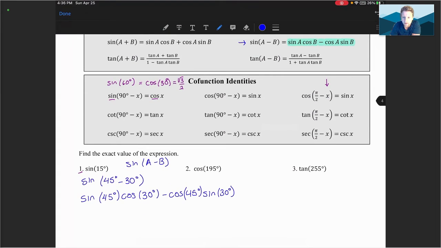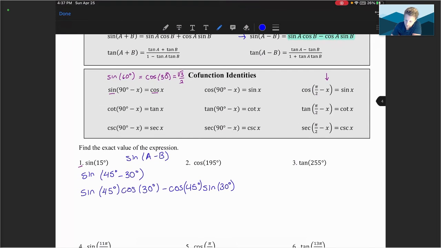All right, now all I need to know is these acute angles for sine and cosine. So let's start left to right and fill in these side ratios that are equivalent to each of these trig functions. First, we'll have the sine of 45. The sine of 45 will just be root 2 over 2. The cosine of 30, we know that to be square root 3 over 2.